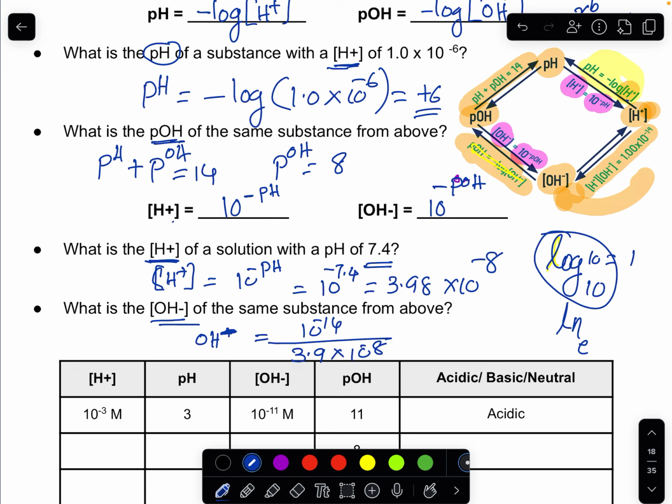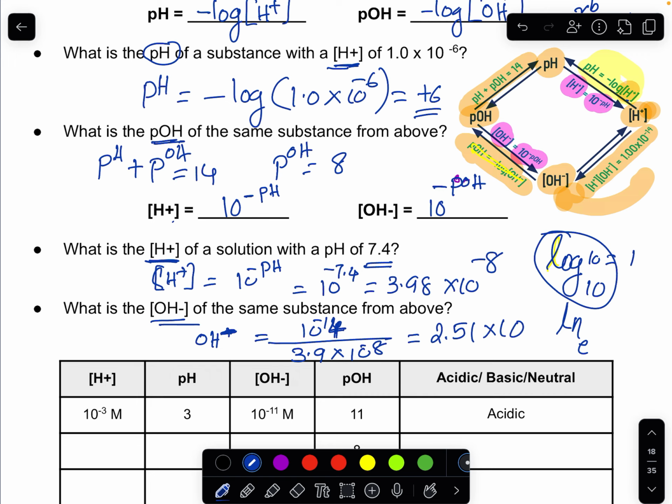So go and divide that. 10 to the power of negative 14 divided by 3.98 times 10 to the power of minus 8. Yeah, so it's 2.51.